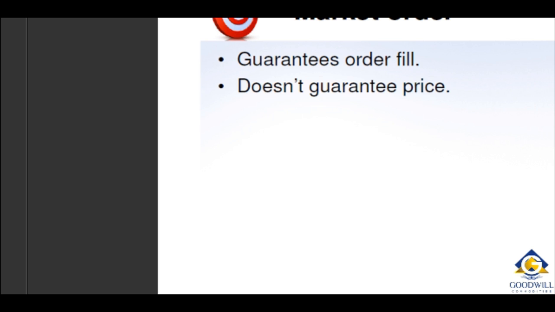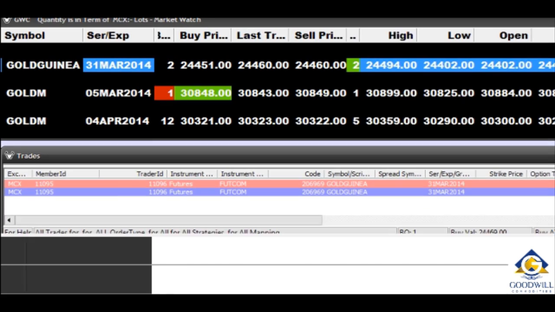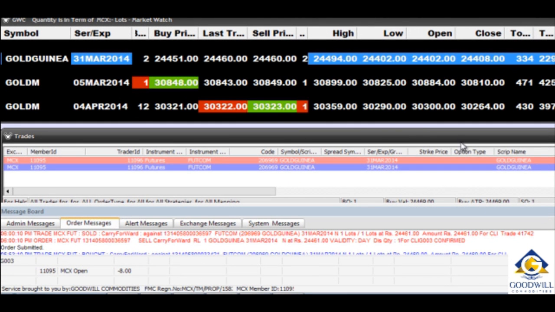When you place a market order, it guarantees order fills, which means there is a 100% guarantee that your order will be executed. Like you can see, all my trades are executed here.